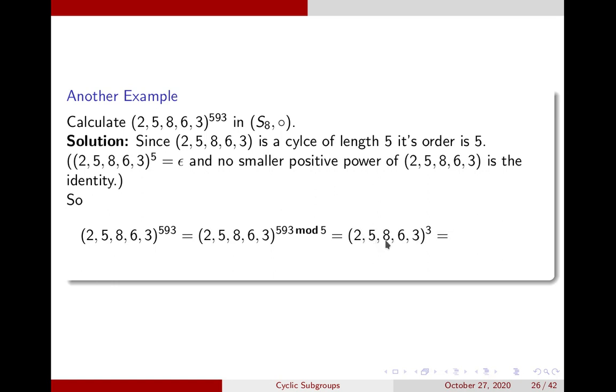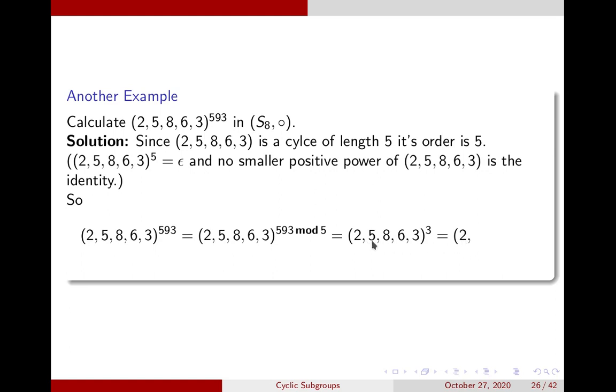And now we simply raise this cycle to the third power. I'm going to do it like I've done previous problems. 2 is the smallest number appearing in this cycle, so I'm going to write the answer as a product of disjoint cycles starting with 2.